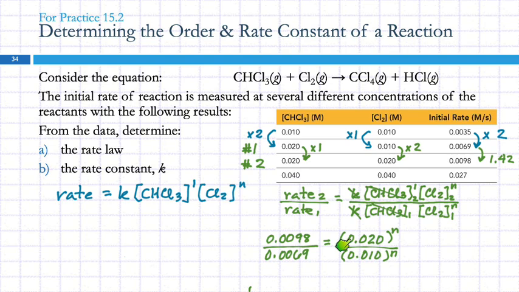Right, so this raised to the n power divided by that raised to the n power is the same as just that whole thing to the n power. And that's an exponent thing. And I'd be happy to give you a short lesson on exponents if you need that. Okay, so 0.0098 divided by 0.0069, I already did that. It was 1.42.